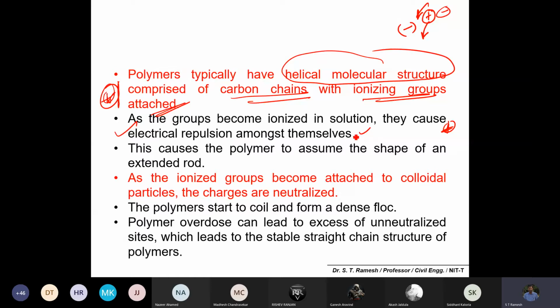Groups become ionized in solution and cause electrical repulsion among themselves. Because of this repulsion, the polymer assumes the shape of an extended rod. If you add a drop of polymer inside the water, what will happen? It will become like an extended rod.